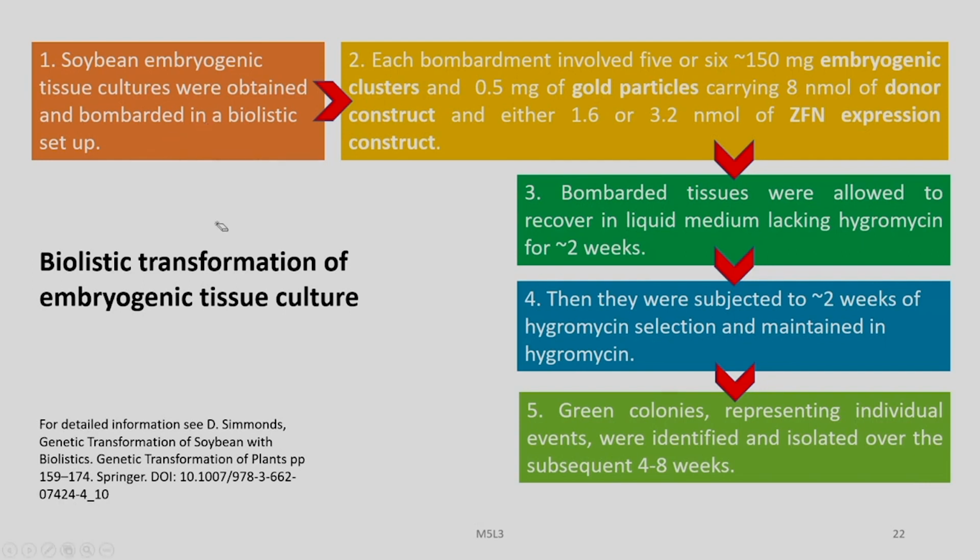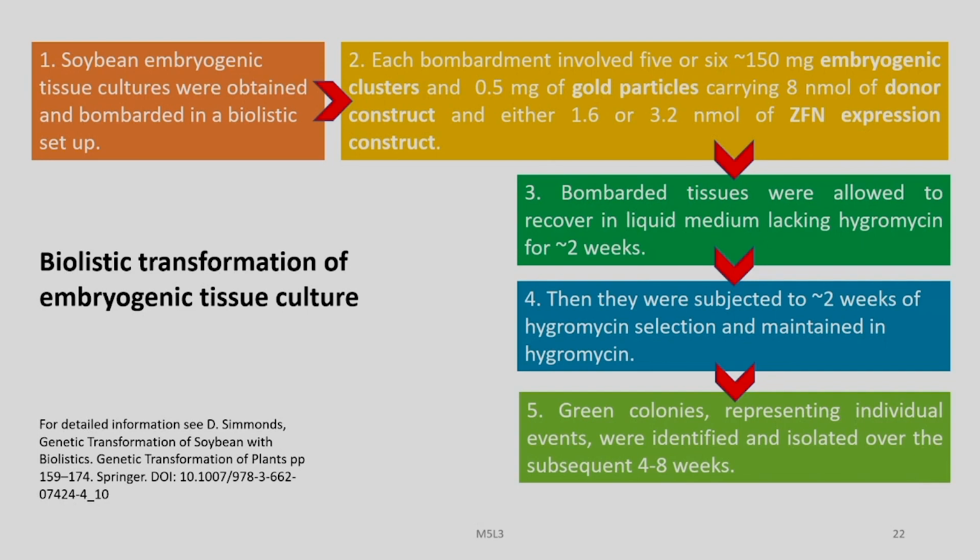So, each bombardment involved roughly around 150 mg embryogenic clusters and 0.5 mg of gold particles carrying 8 nanomolar of donor construct, which we have discussed in the earlier slides, and either 1.6 or 3.2 nanomoles of ZFN expression constructs.